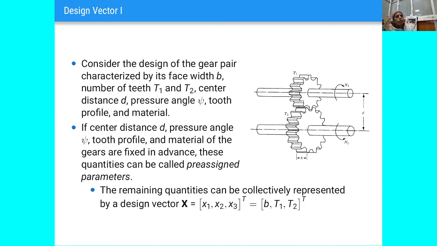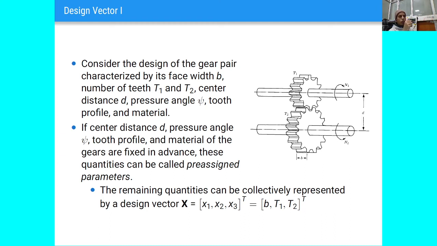The remaining values will be the face width B, the number of teeth on gear 1 and the number of teeth on gear 2, which may be chosen as per our design objective.